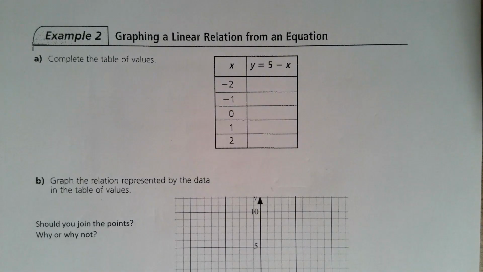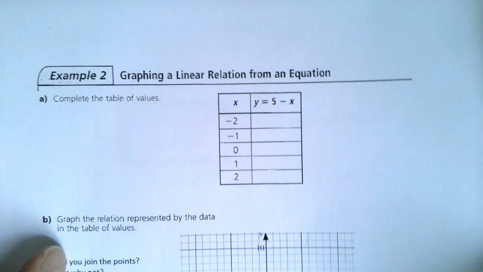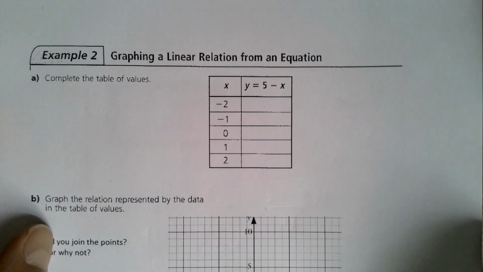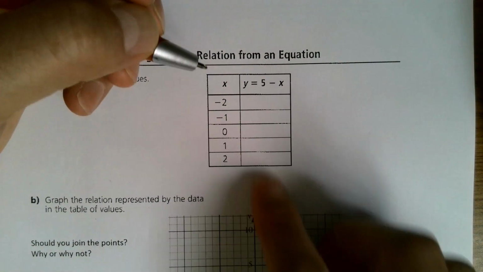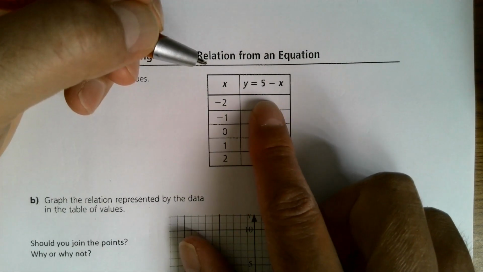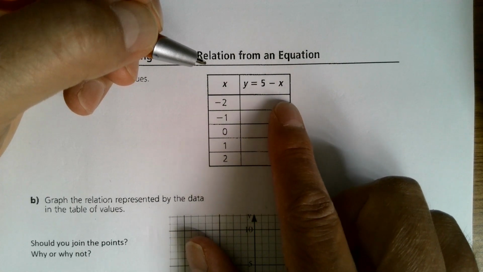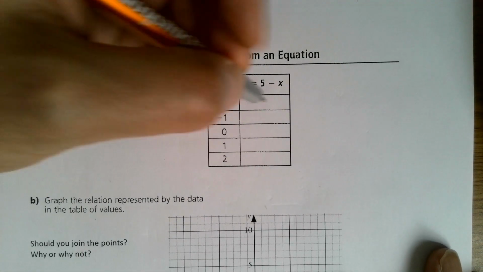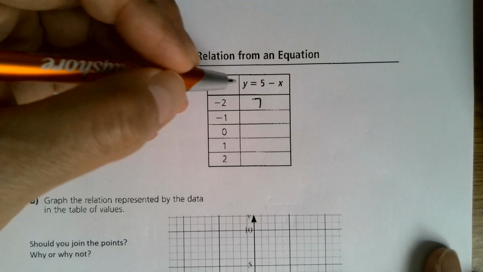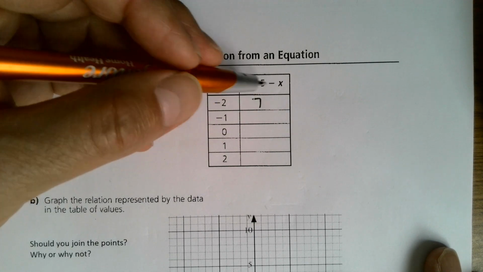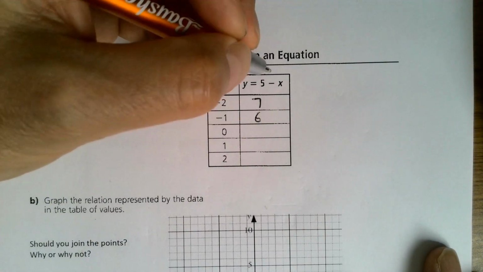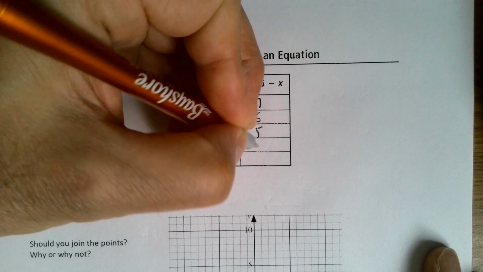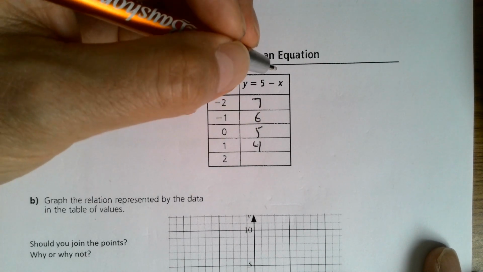Okay, and one more page. This time we're going to graph a linear relation from an equation. So here we've got x equals -2. 5 minus -2 is the same as 5 plus 2, so that's going to be 7. 5 minus -1 is the same as 5 plus 1, so that's going to be 6. 5 minus 0 is just itself. 5 minus 1 is 4, and 5 minus 2 is 3.